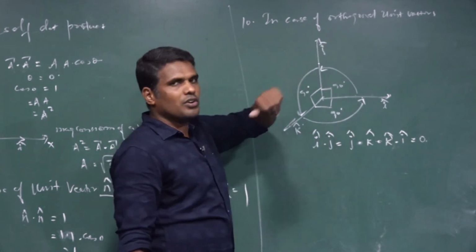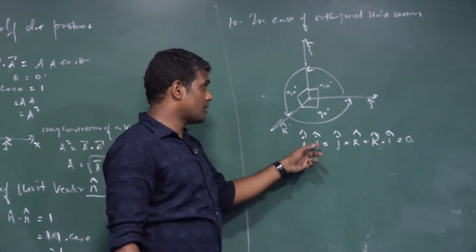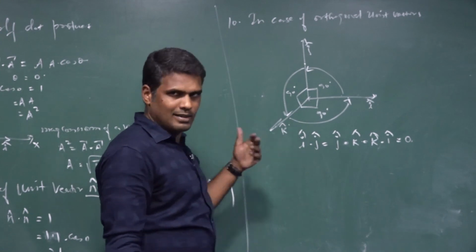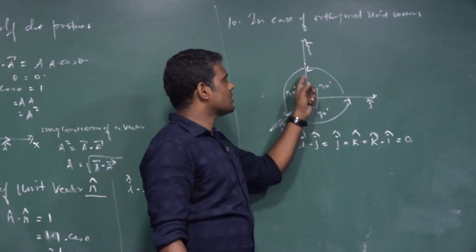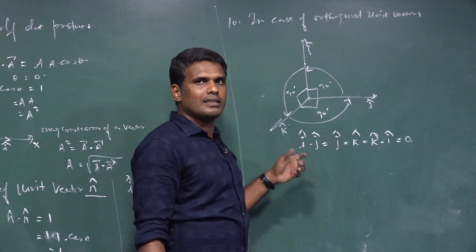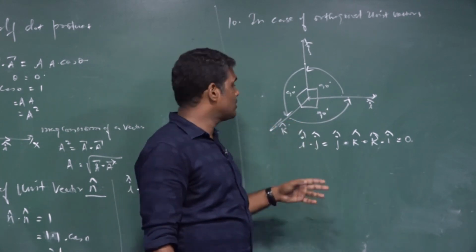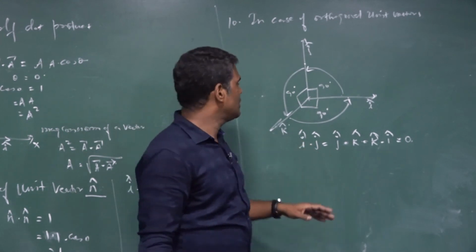So in case of orthogonal unit vectors, the dot product of these two vectors is 0. As we saw in the earlier case, when two vectors are mutually orthogonal, the angle between the two vectors is 90 degrees. So cos 90 becomes 0, so the dot product of the two vectors will become 0.